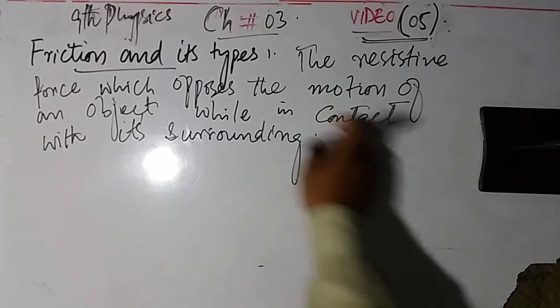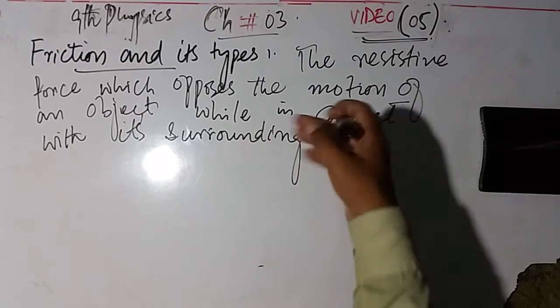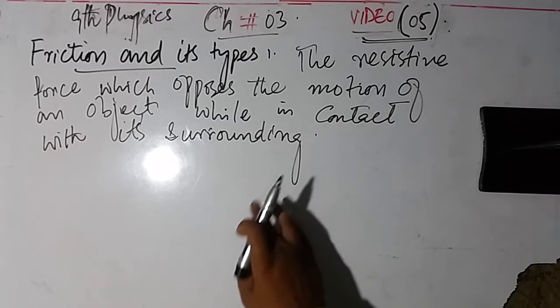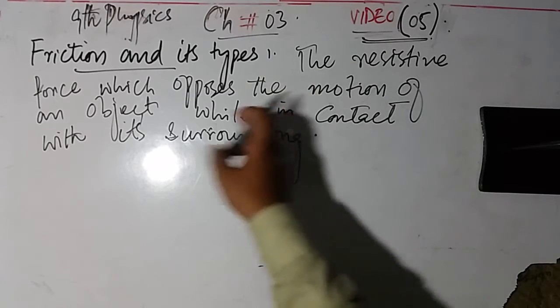So it is basically the type of resistive force which opposes the motion of an object while in contact, when it is moving or when it is at rest or in stationary position. So it's basically the resistive force.